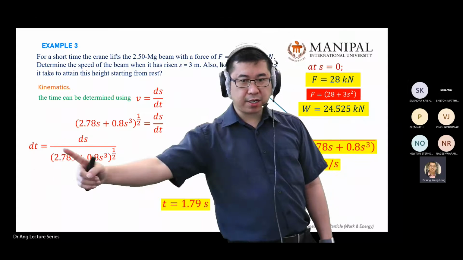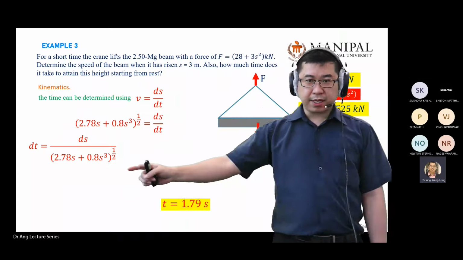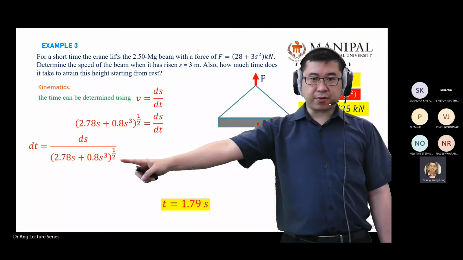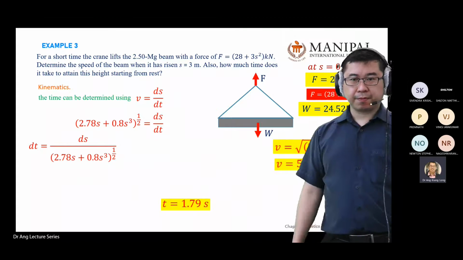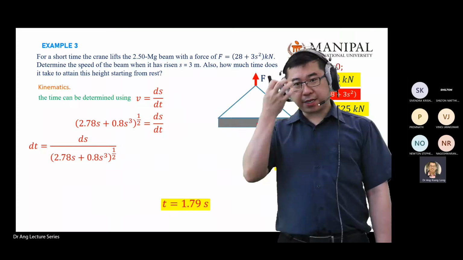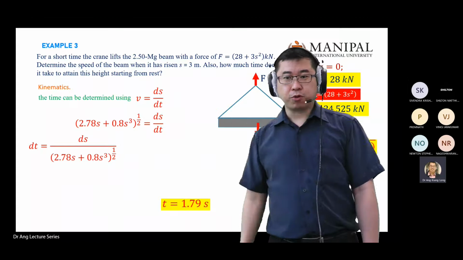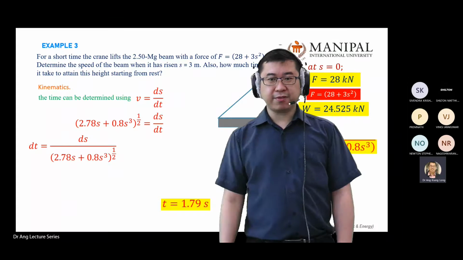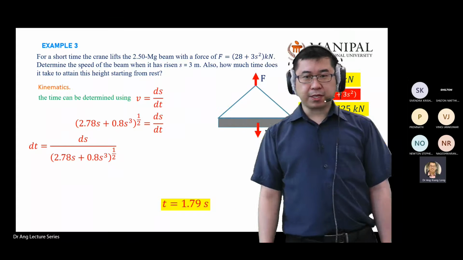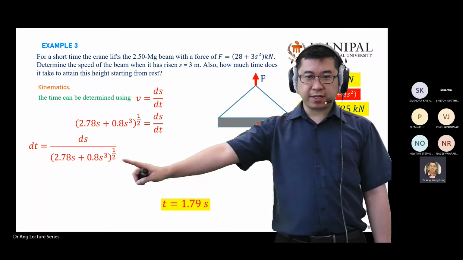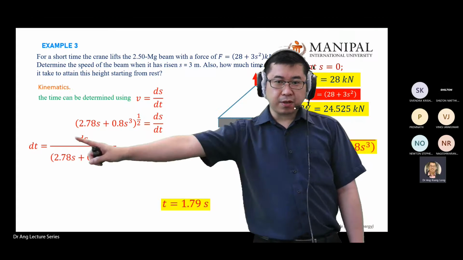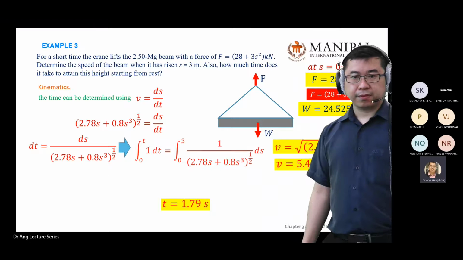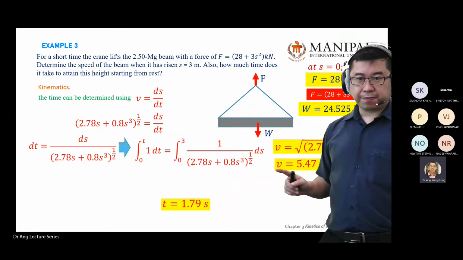The next step is to integrate both sides. Again, I won't go deep into the integration steps with this kind of setup. You use the product rules. If you don't know what the product rules are, go and find out in your advanced mathematics textbook how to integrate this kind of equation, 1 over something.